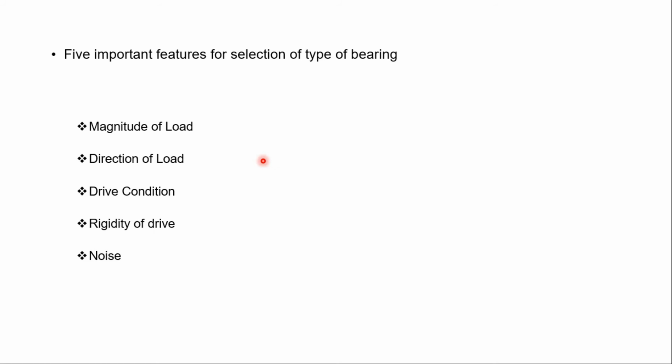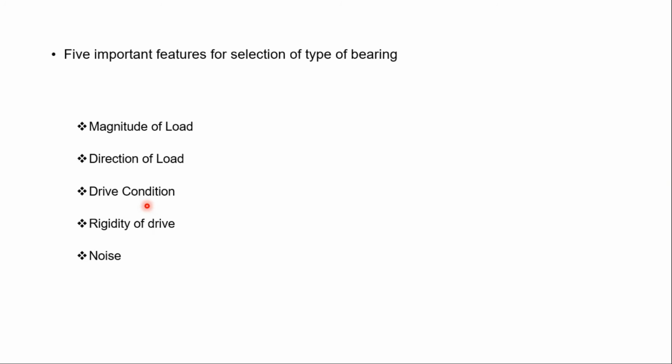The direction of load means from which direction load is acting on the bearing. If the load is in radial direction, then we have to use radial bearings. And if the load is acting in axial direction, or you can say thrust load, then we have to use thrust bearing. If the load is acting at some angle, then we have to use angular roller bearing or angular ball bearing or self-aligning ball bearing.